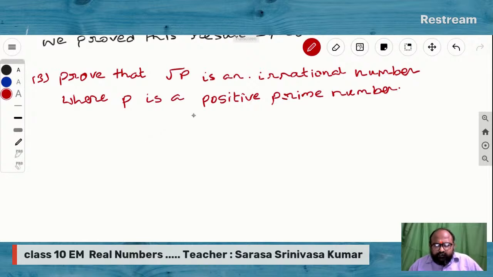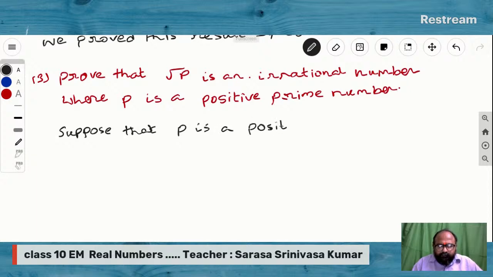We prove this result by contradiction method. Suppose that p is a positive prime number.